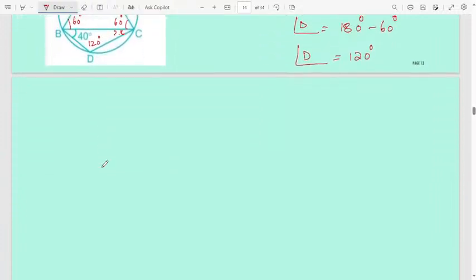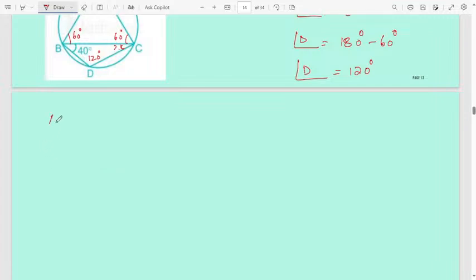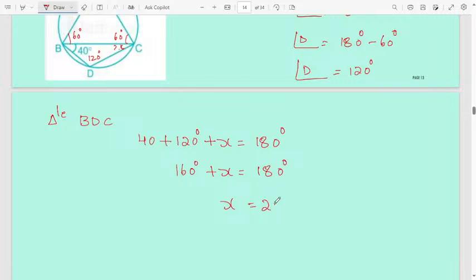Then consider the triangle BDC. The three angles of a triangle sum to 180 degrees, so 40 plus 120 plus the unknown angle, which we consider as x, equals 180 degrees. Then 160 plus x is 180 degrees, so x will be 20 degrees.